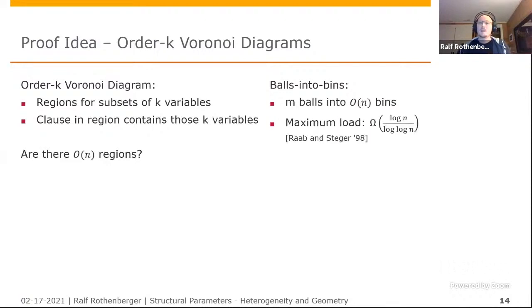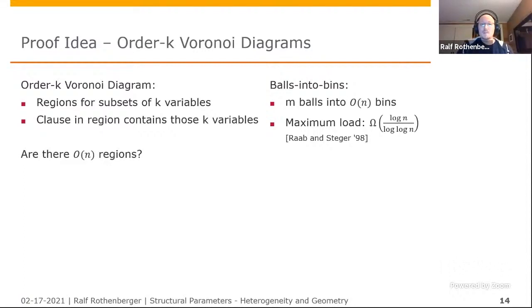And the result by Raab and Steger tells us that we get a bin with a maximum load of omega of log n over log log n with probability tending to 1. So this would mean we would have log n over log log n many clauses containing the same k variables. And in our model, we choose the signs of variables in those clauses uniformly at random. So this would mean we have a high probability of having an unsatisfiable subformula.